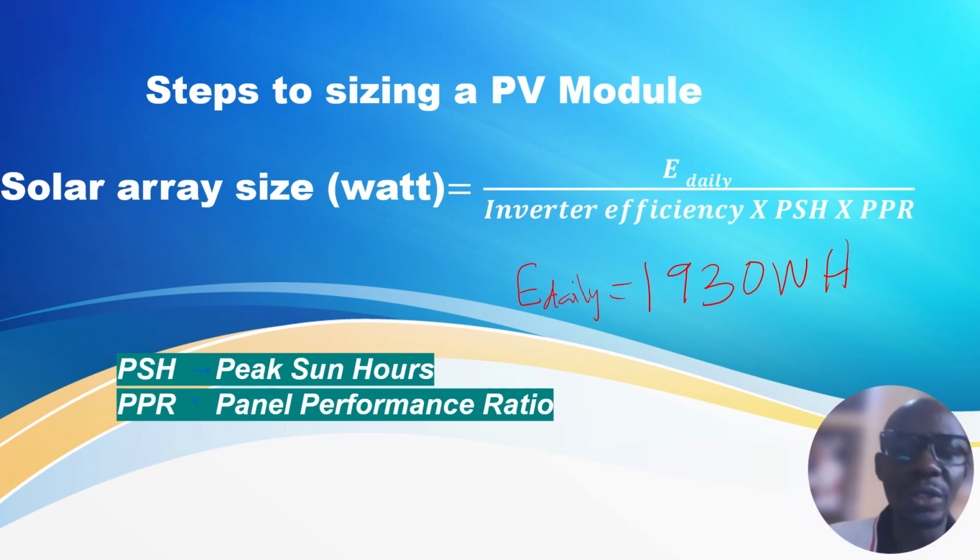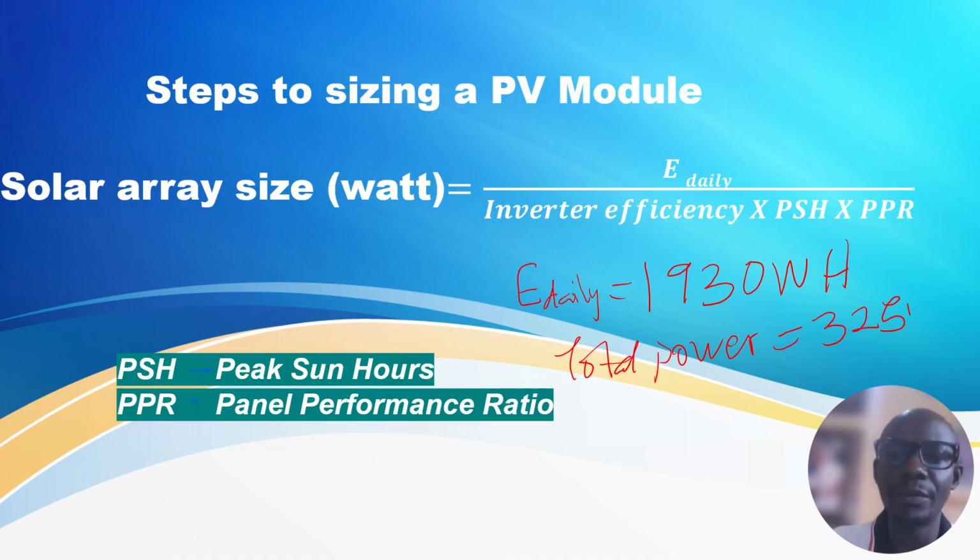That is the total energy that the client wants to consume. And remember that the total power too, if you look at the table, the total power is equal to, I think, 325 watt. That's the total power. And when we were designing our battery, remember that we got the capacity of the battery that is needed is 3574 amp hour.